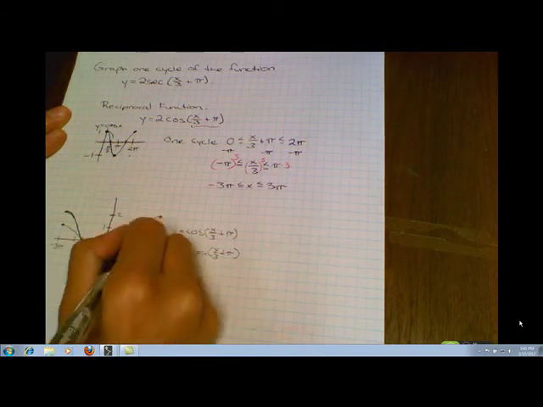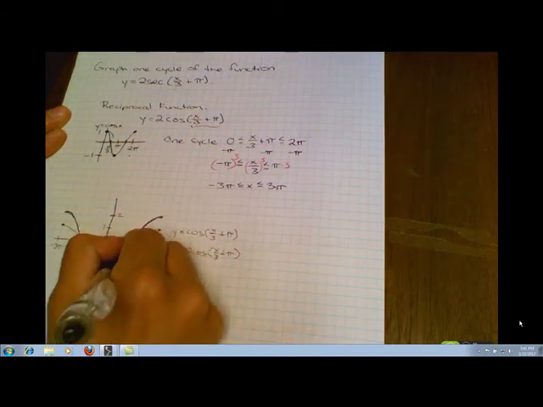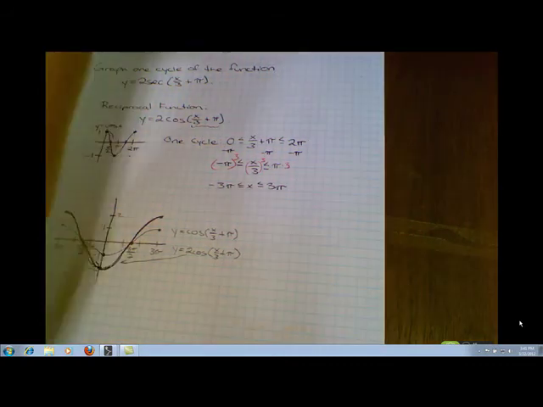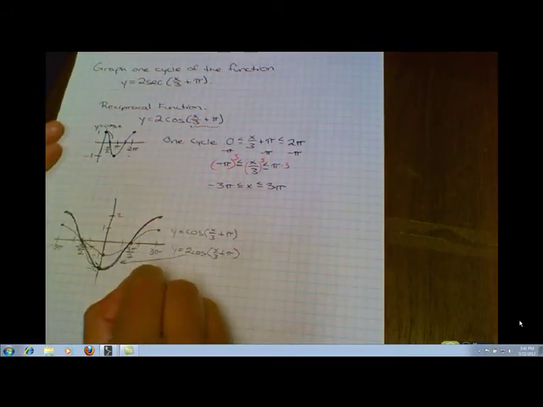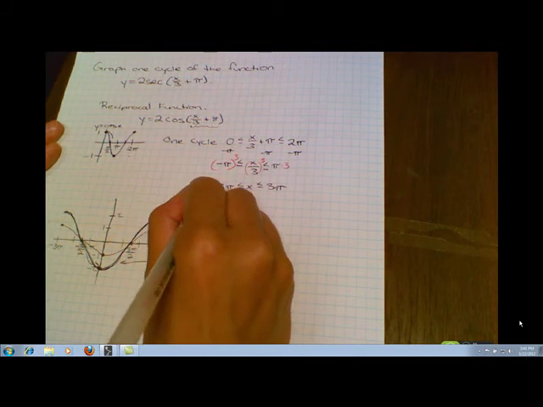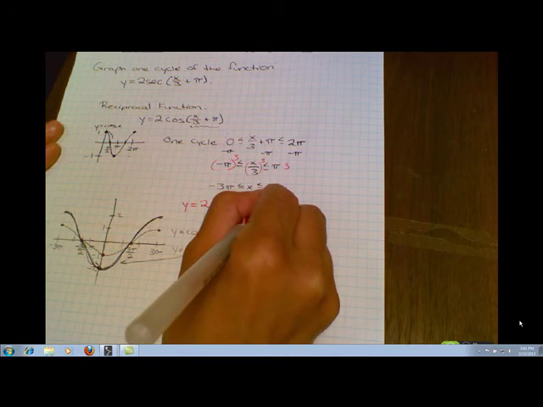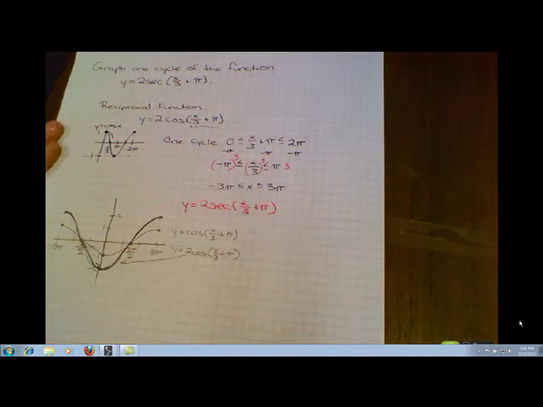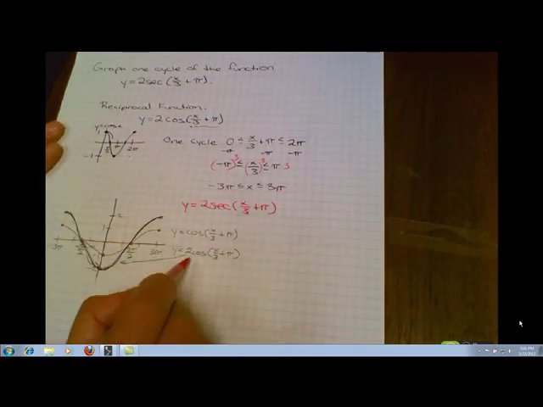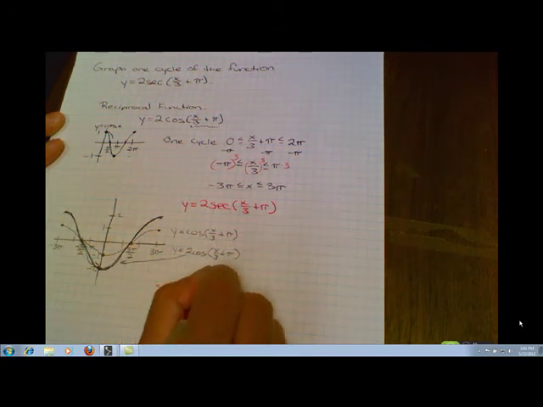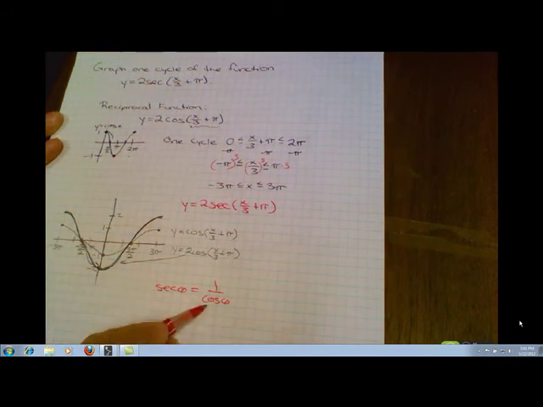And I'll switch to a red pen now. Now I want to use that graph. Let me make it a little darker here so you know which graph I'm referring to. I'm going to take this graph of cosine and use it to sketch the graph of y equals 2 secant of x over 3 plus pi.